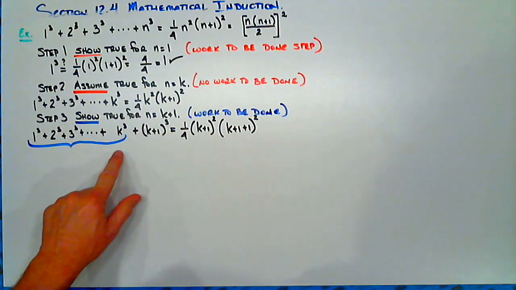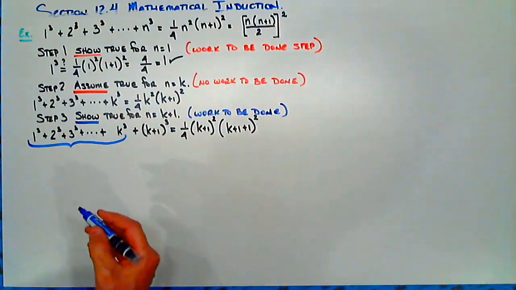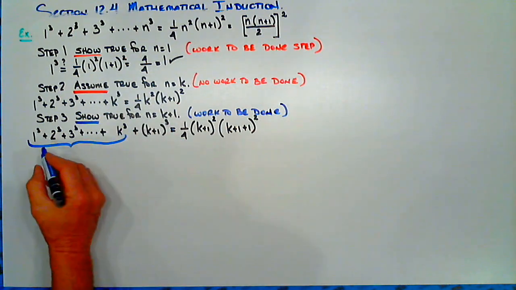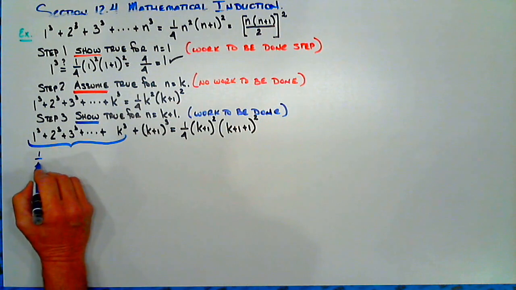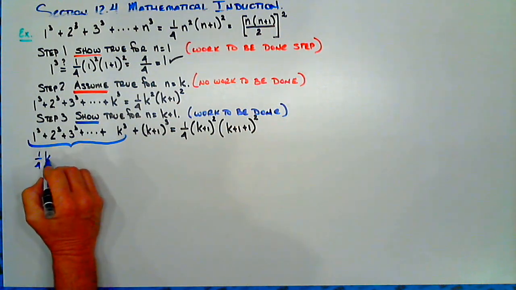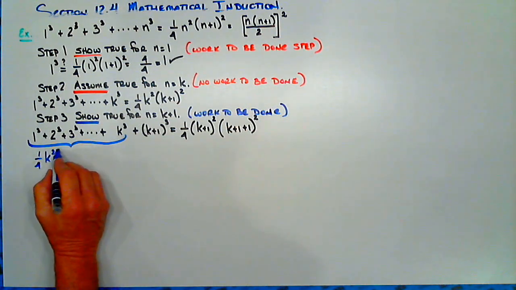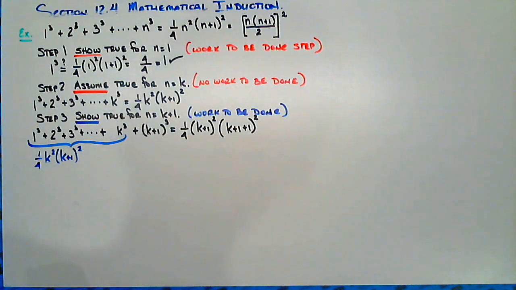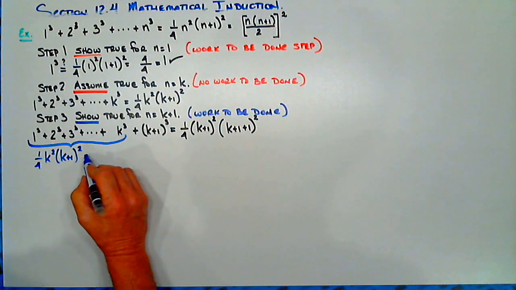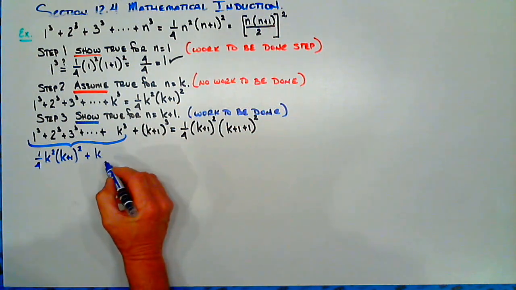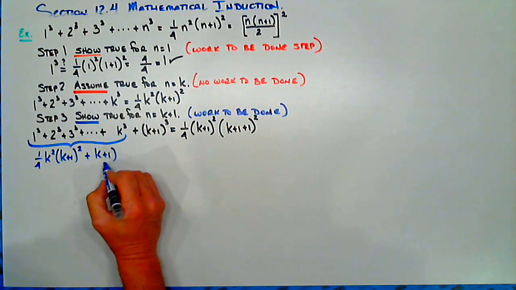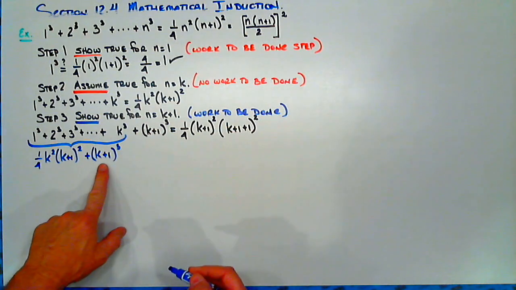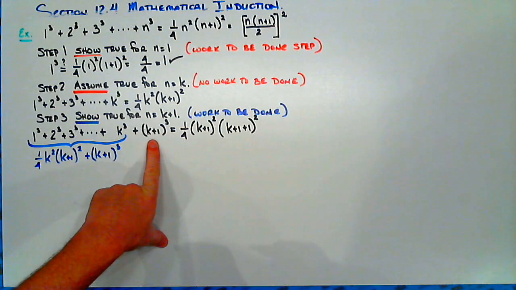I know exactly what that is. I can replace that with what I wrote it as in step 2. So that's 1/4 k squared times k plus 1 squared, right? And then I have plus k plus 1 cubed. So where did that k plus 1 cubed come from? That came from right there.